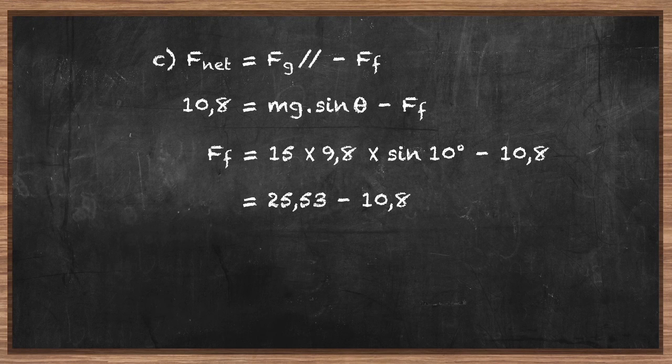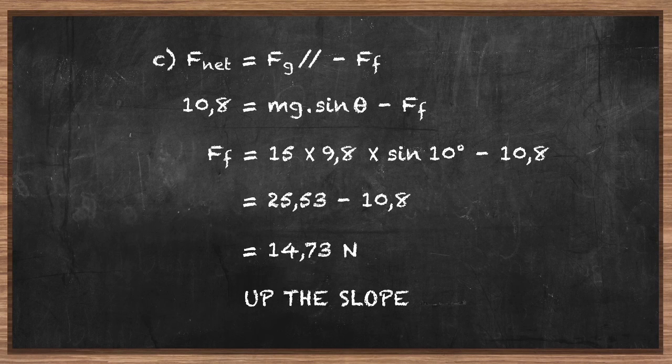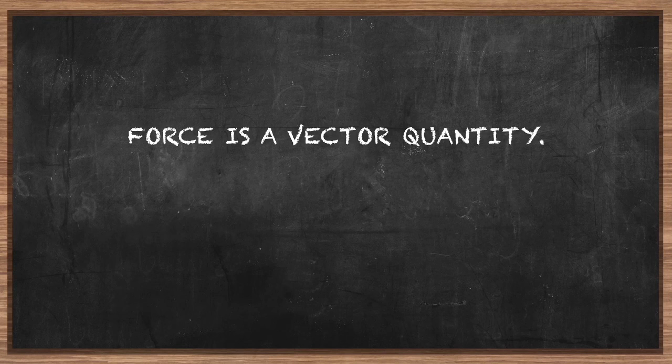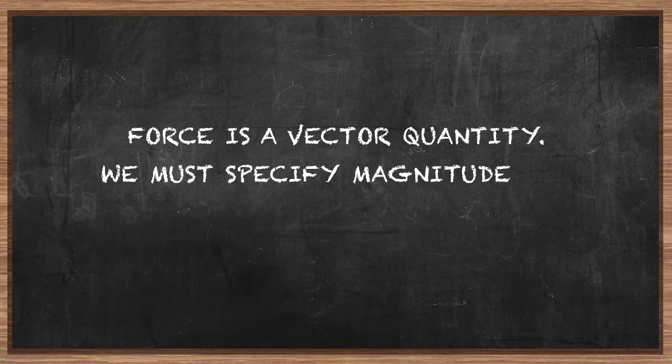Friction equals 25,53 minus the net force, 10,8, which gives the answer of 14,73 newtons. The direction of the friction force is up the slope. Remember that force is a vector quantity. We must specify magnitude and direction.